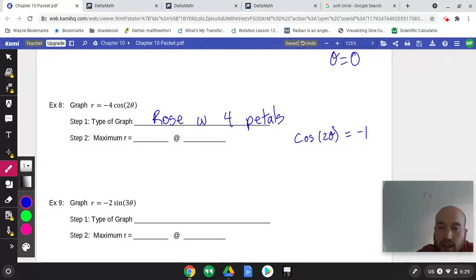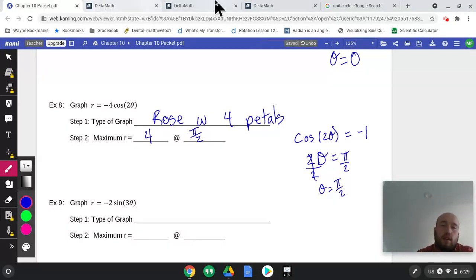So -1 is to the left, that's at pi. So 2 theta equals pi. We divide by 2, so theta equals pi over 2. That's where it occurs, and we know that it is a radius of 4.